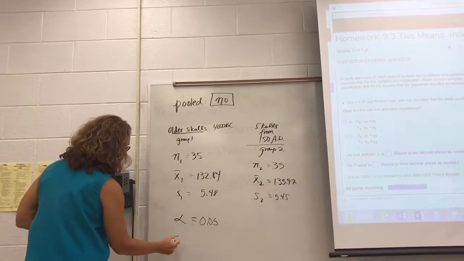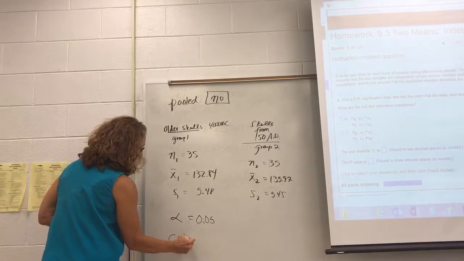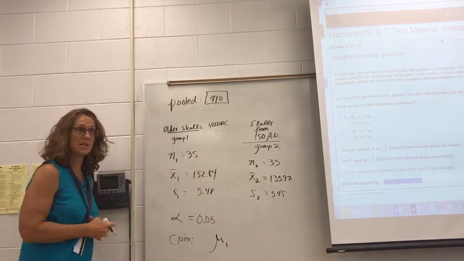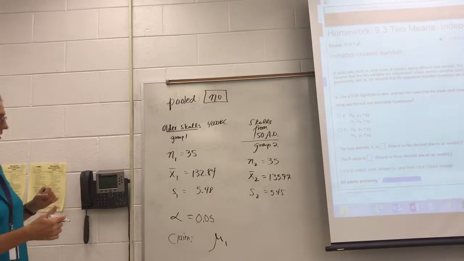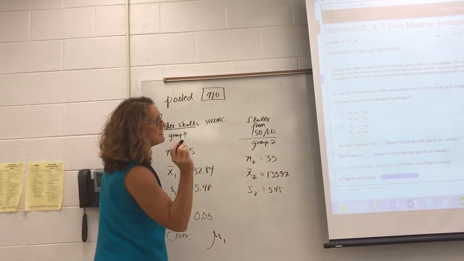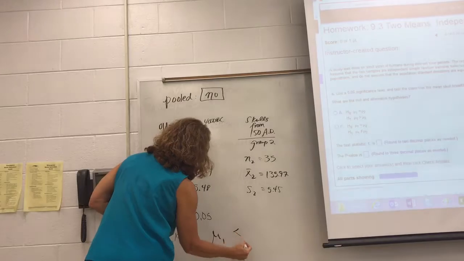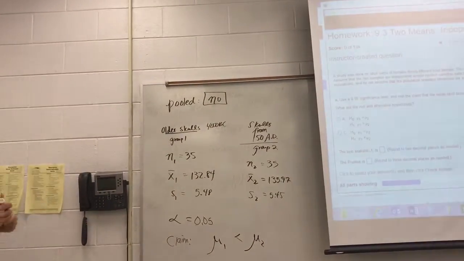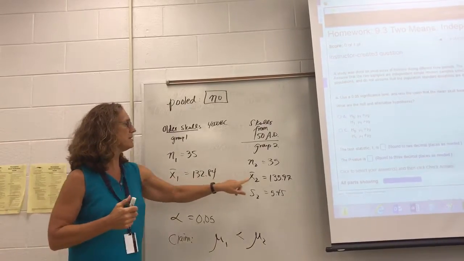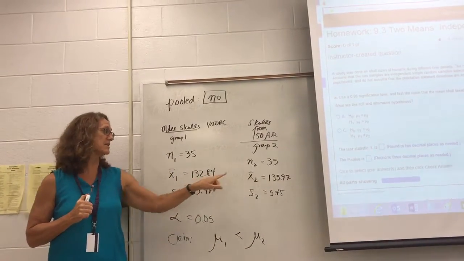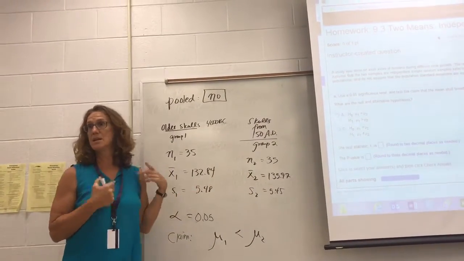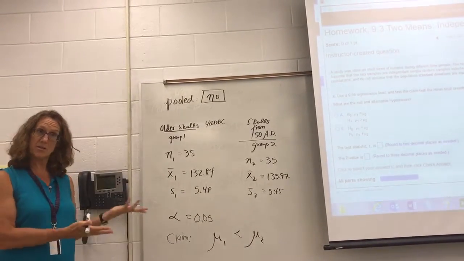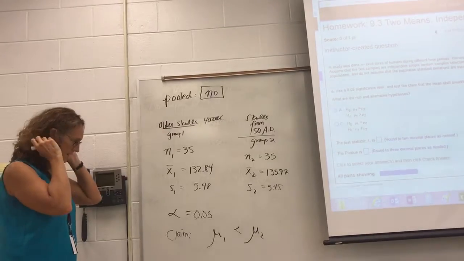Okay, so the claim is that the population mean of all skulls from that time period is less than the average from all skulls, right? So sure enough, it's true for the sample, and the question is, is that a statistically significant difference? Is that enough to say that it's true for the populations of all skulls from that time period?